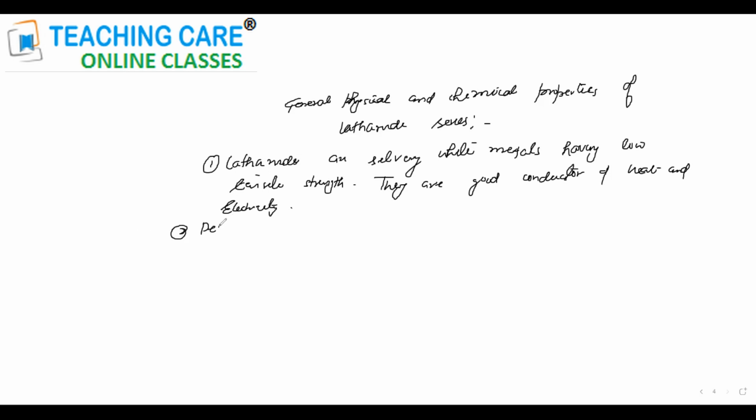Second, density. If you talk about density, lanthanides have high densities. The density ranges from 6.77 gram per centimeter cube to 9.74 gram per centimeter cube. Okay.